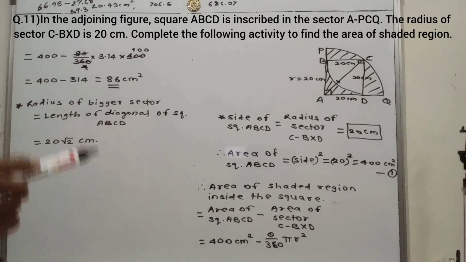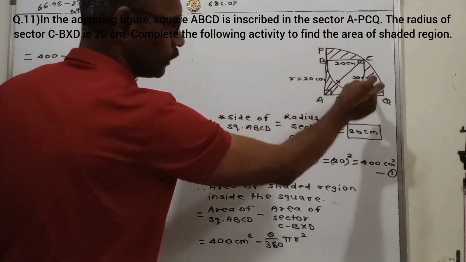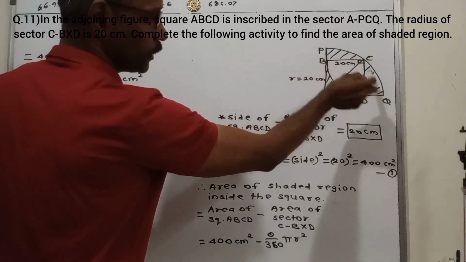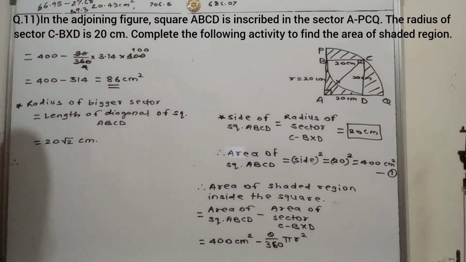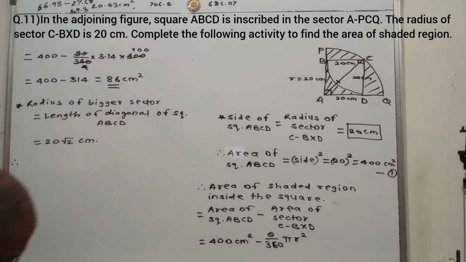Therefore, we will find out area of shaded region outside the square. ABCD is a square. Outside shaded portion is this. Did you get it? This part and this part. So first we will find out area of shaded region outside the square.